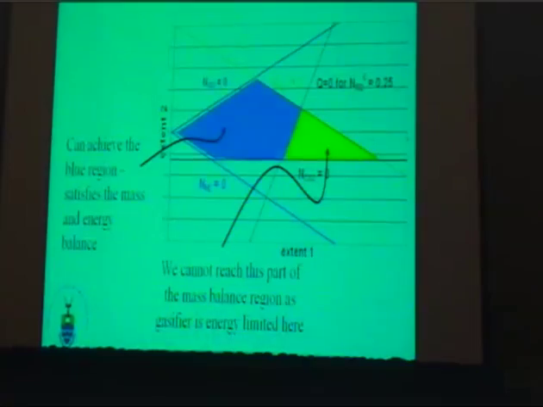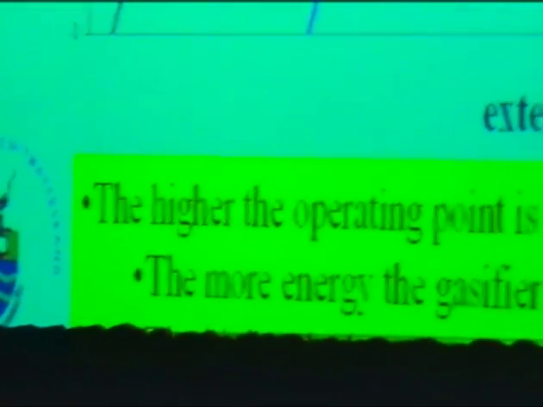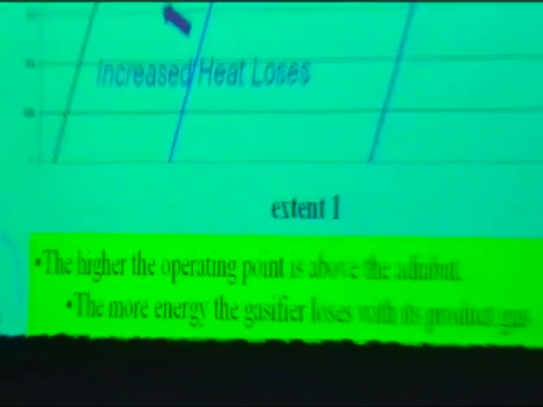So we're looking for an opportunity to get the value of the energy balance equal to 0, because that means we've effectively stored all our energy in the product. And the more energy the gasifier loses, essentially it loses it to the product gases.